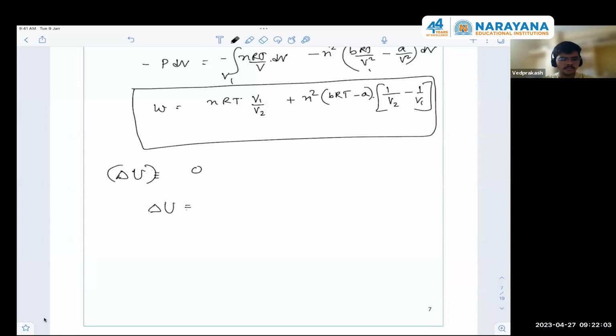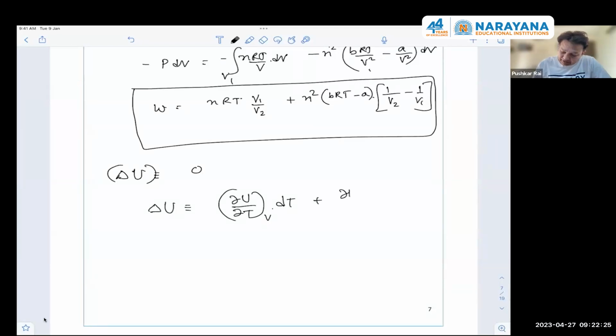Tell me the formula. dU equals del U by del T at constant V into dT plus del U by del V at constant T into dV. Do you say this? Yes, sir.